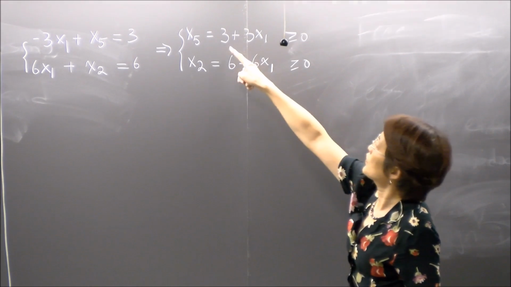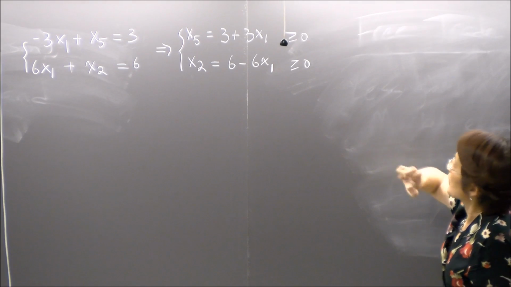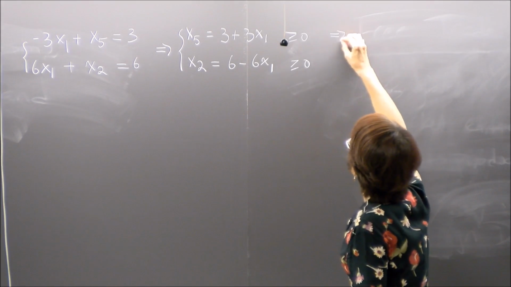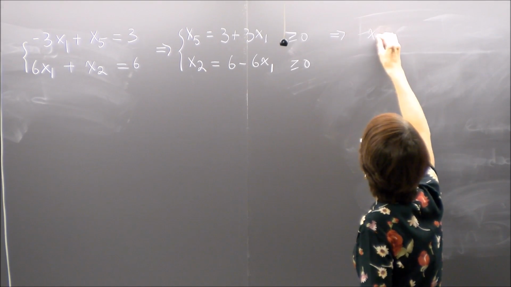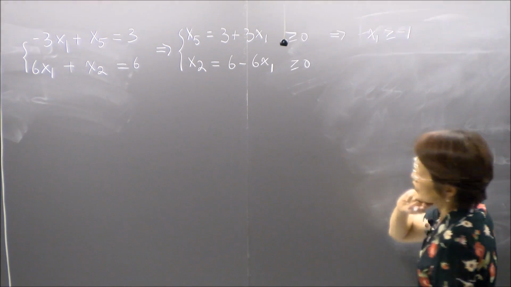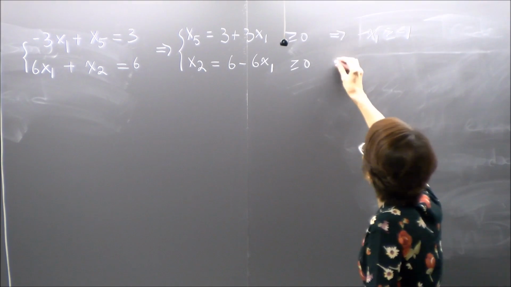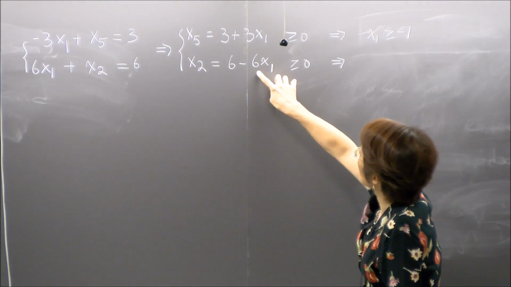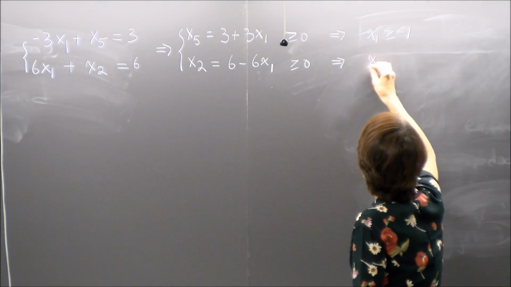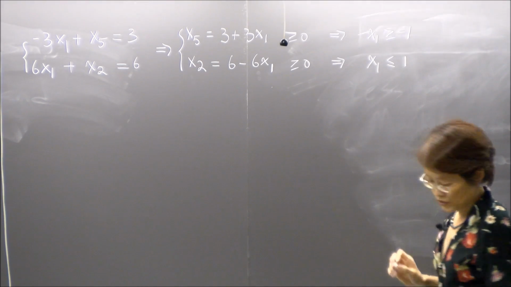If I move the 3 to the right-hand side and divide both sides by 3, I have the following constraint. x1 shall be bigger than negative 3 over 3, which is negative 1. Is that clear? We can solve inequalities. And this one, I move this over. I'll have x1 less than 6 over 6, which is 1.